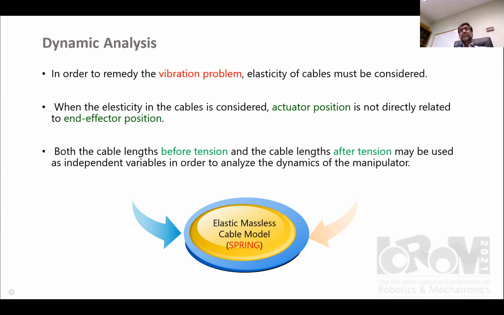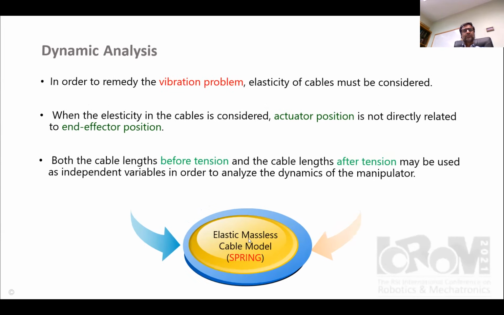Based on this fact and previous researchers who mentioned that the axial elasticity is dominant in comparison to transversal vibration, the elastic massless cable model can be estimated by an axial spring.